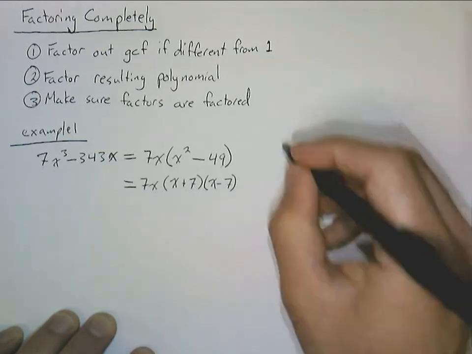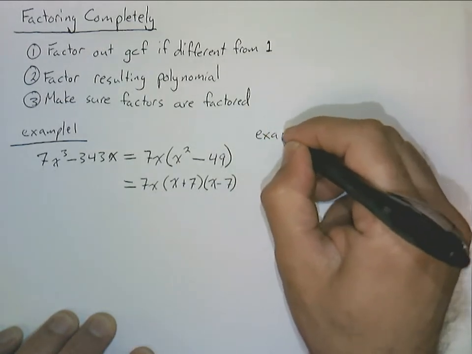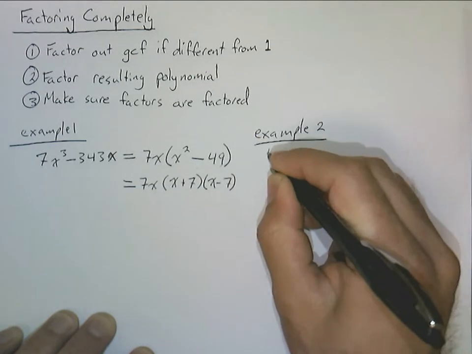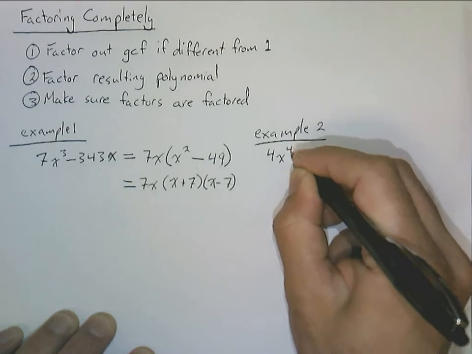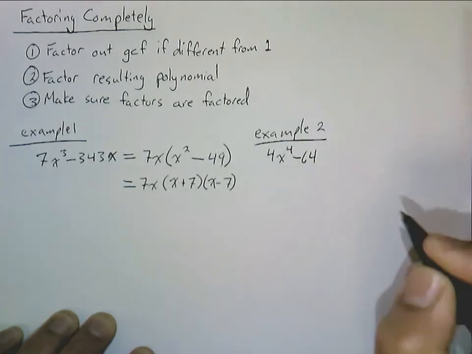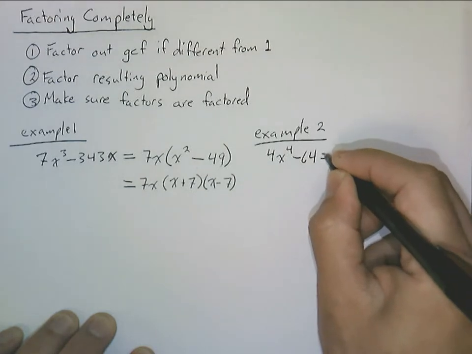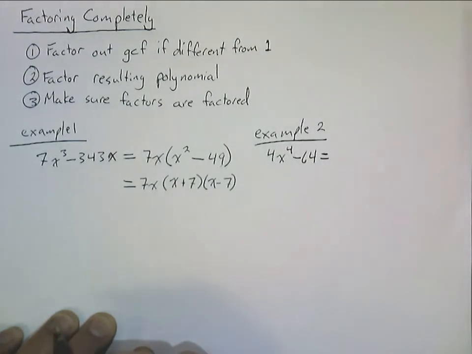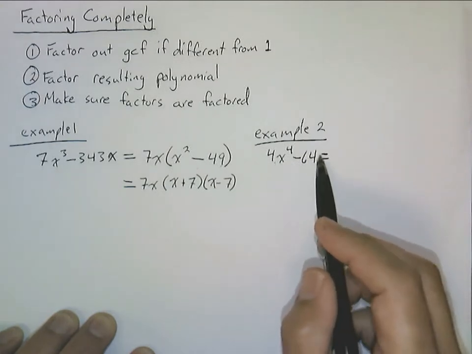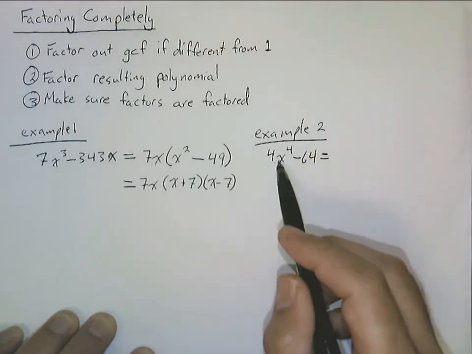Okay, so let's do another example. We'll call this one example 2. Maybe let's try 4x to the 4th minus 64. So first off, we need to identify the GCF, the greatest common factor between these two terms. This one has no x's in it, so no problem there.